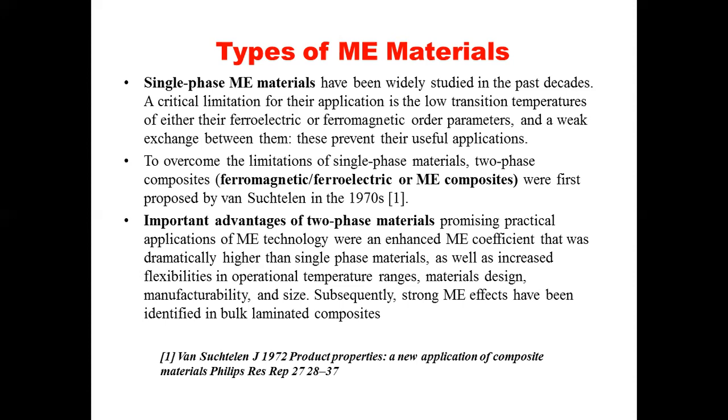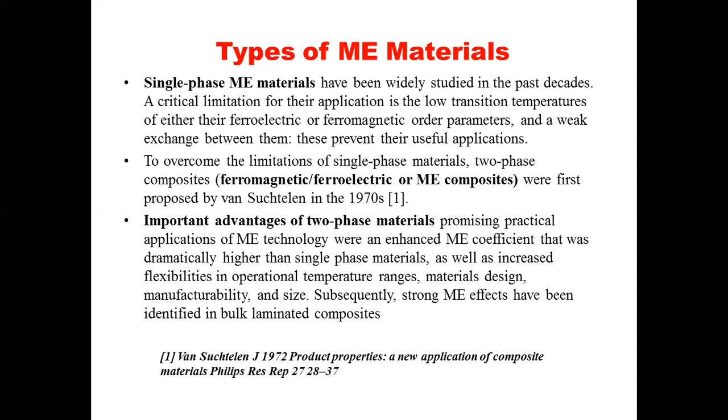But after the study of these single phase ME materials, what was found is that the magnetoelectric voltage coefficient in single phase materials was very, very low. That is one problem.